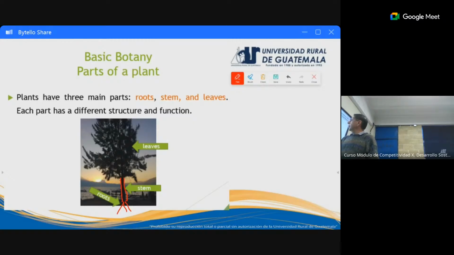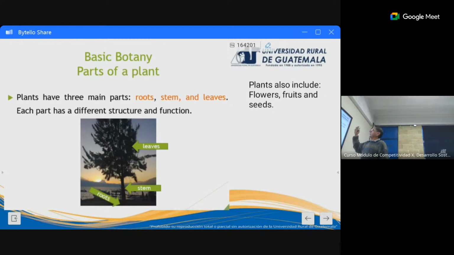All of these leaves are located within the branches. Okay, like these three here. And these are the three main parts. Each part has a different structure and function, of course, as we saw before. And let's check.